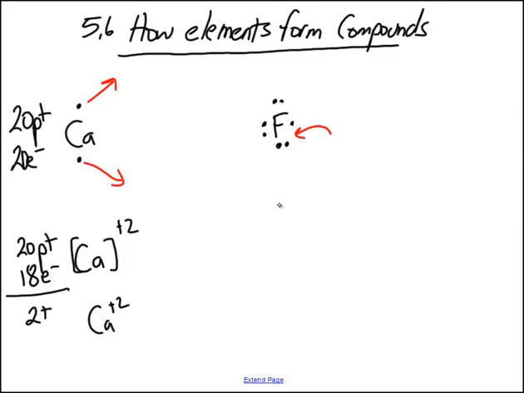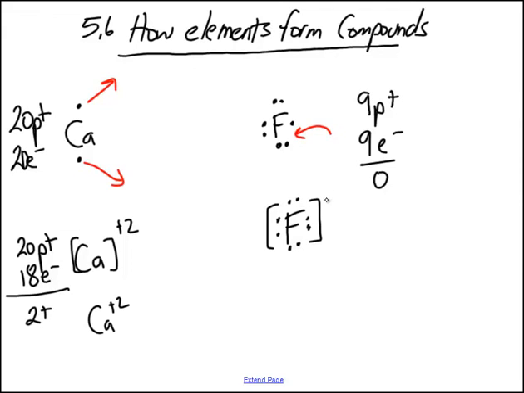And so we draw that just by putting calcium 2+ like that. Fluorine, on the other hand, has 9 protons and 9 electrons in its regular atomic neutral state, and that gives it its charge of 0. And again, it's not quite as happy as it could be, because if it received that 1 electron, it would have this full arrangement around the outer valence shell, and it would get a -1 charge.